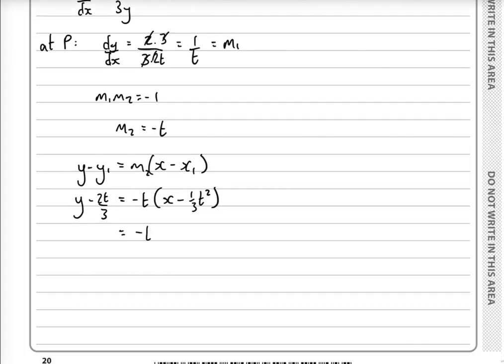Multiplying out the bracket, minus tx plus 1/3 t cubed, minus 2t over 3 and a y. Let's bring the x and the y together. tx plus y is equal to 1/3 t cubed plus 2/3 of t.